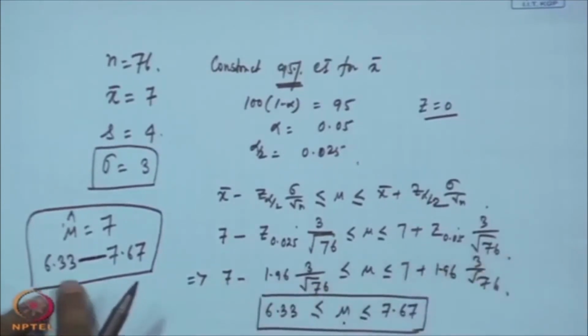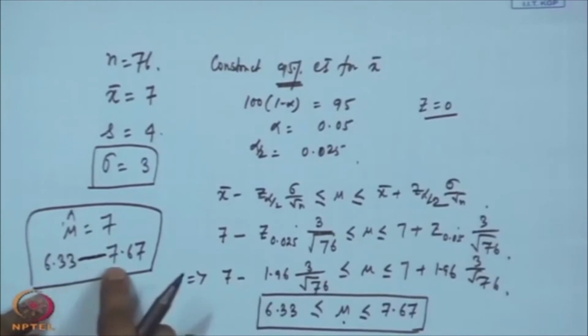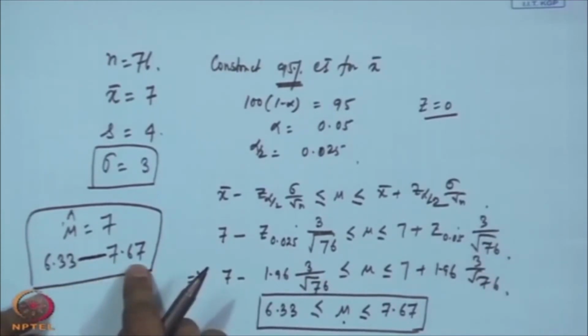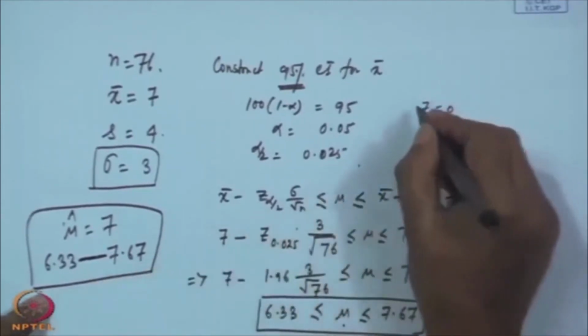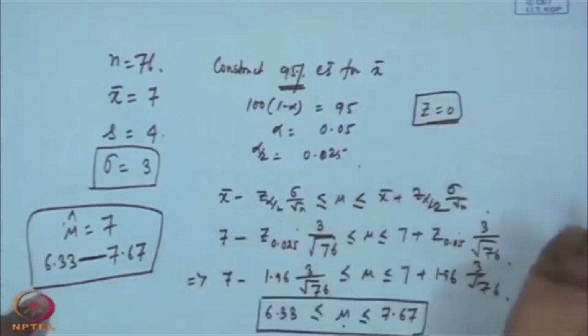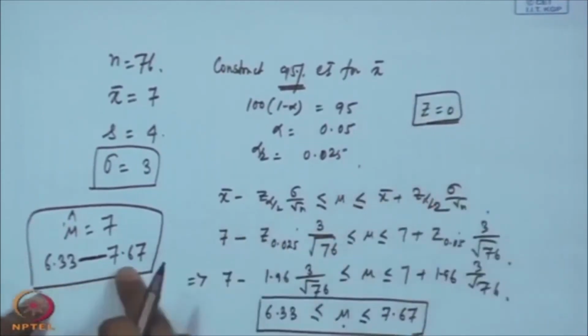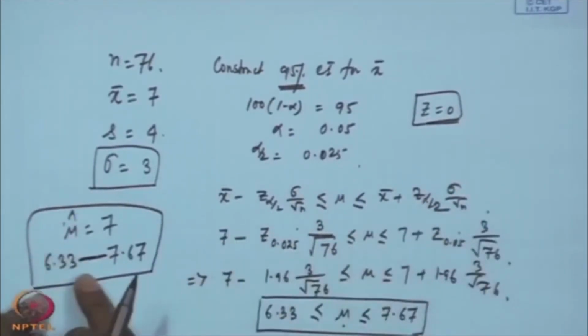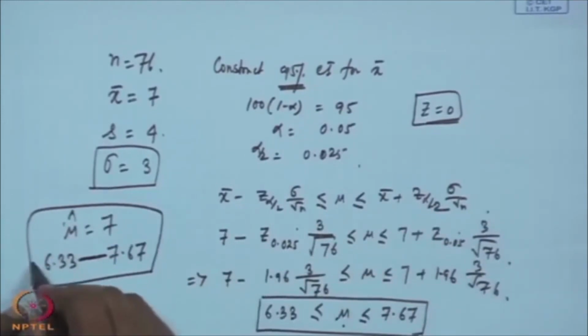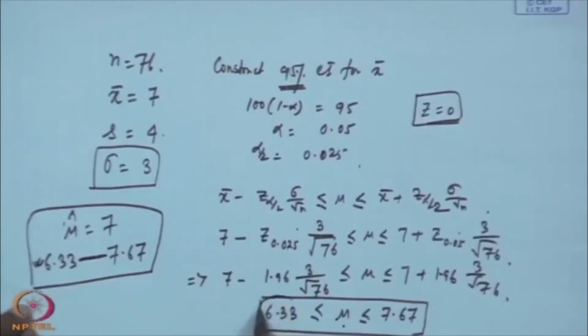Here you are getting the interval 6.33 to 7.67. Can you find some meaning in that? If I convert into z and translate back to the mu term, you see both the left end 6.33 and the right end 7.67 are positive.